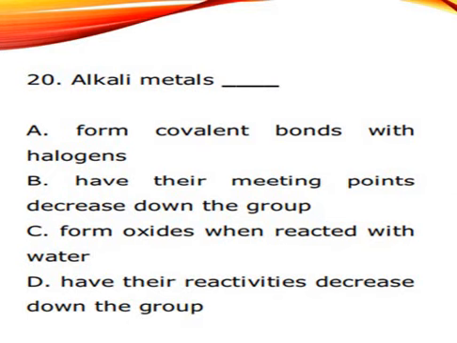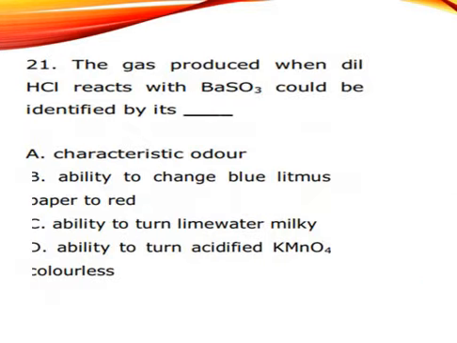Then question 21 says, the gas produced when dilute hydrochloric acid reacts with barium trioxosulfate could be identified by its A, characteristic odor, B, ability to change blue litmus paper red, C, ability to turn lime water milky, and D, ability to turn acidified potassium permanganate colorless.